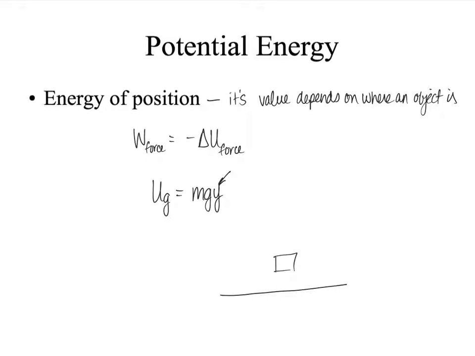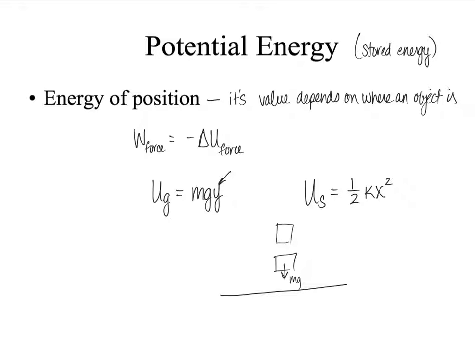So we're going to find that there are particular potential energy functions that we're going to be familiar with. Another one that we're going to deal with is the potential energy function for a spring, and that's equal to 1/2 kx squared. Potential energy we can also think of as stored energy. And when the object is rising to a higher height, gravity is actually working against it.